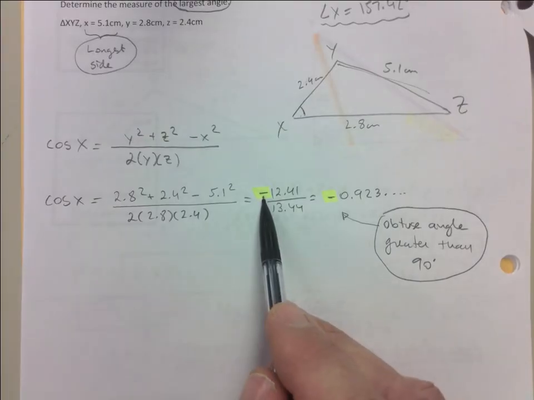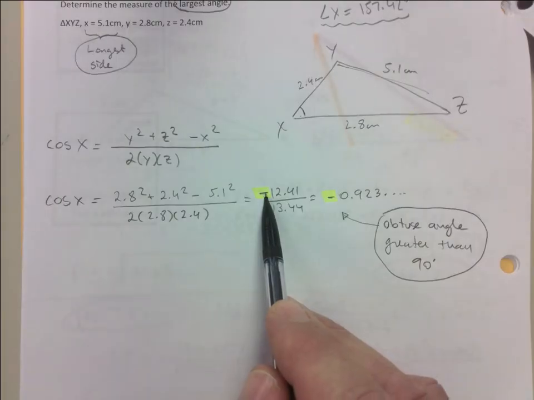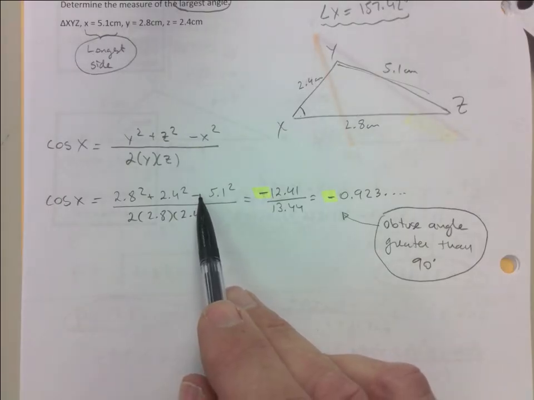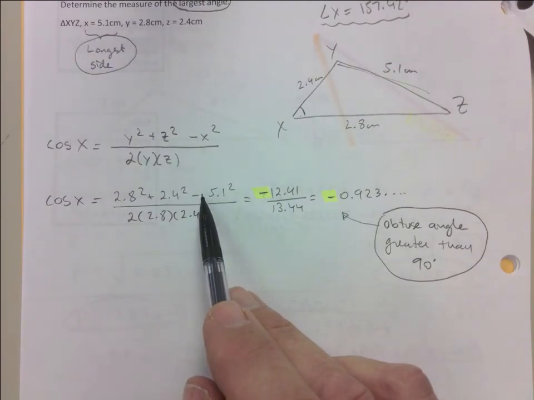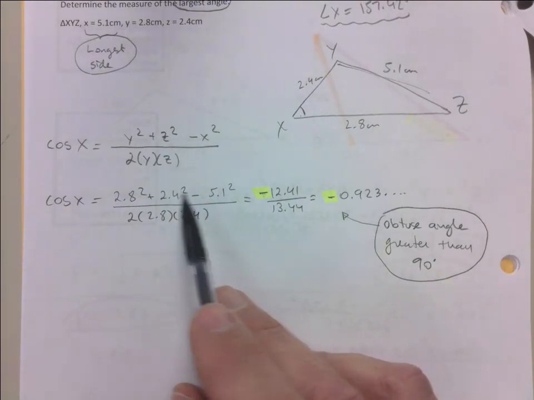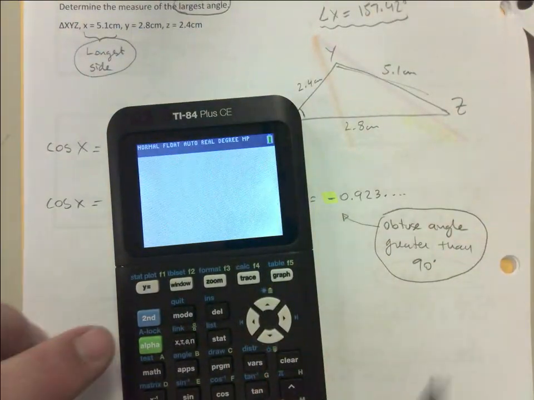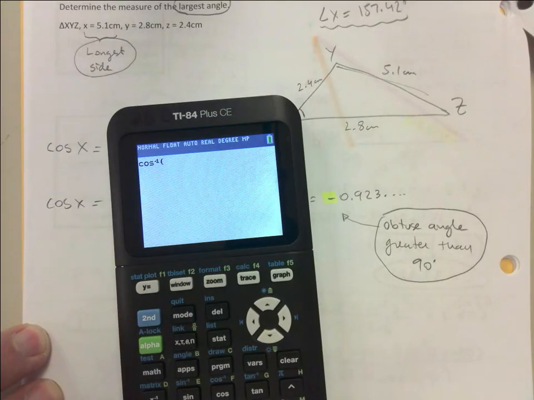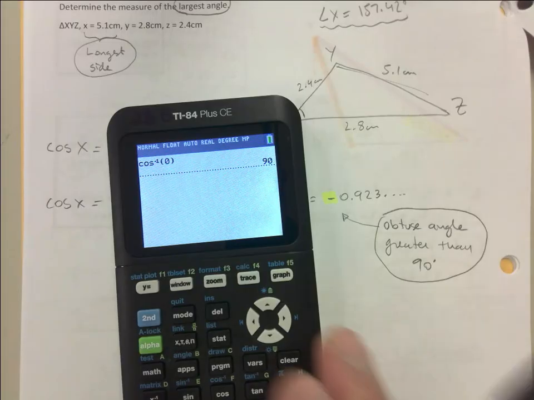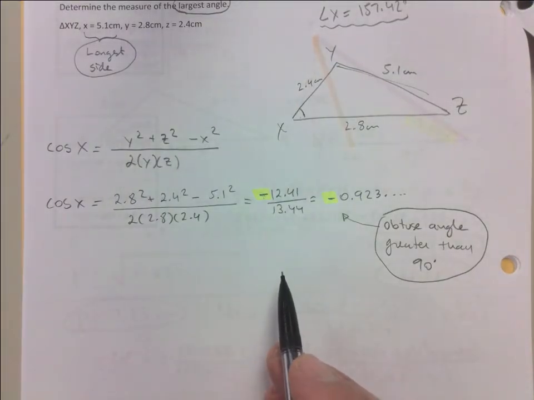If this is positive, you get acute. If this is negative, you get obtuse. If it's 0, it's a 90-degree angle. If you ever get a 0 on the top, the whole thing is 0. If you take the inverse cosine of 0, you get 90 degrees. That's another cool feature here.